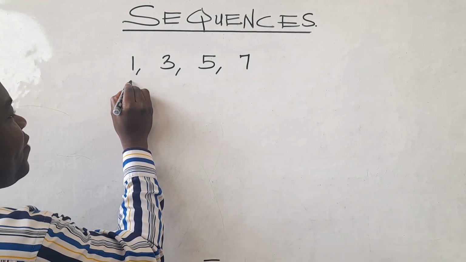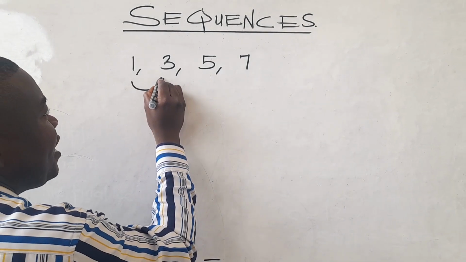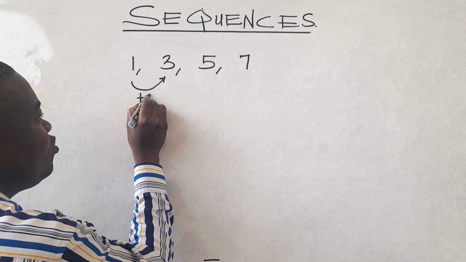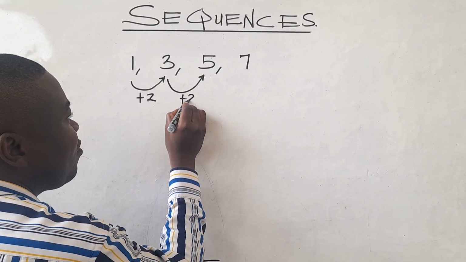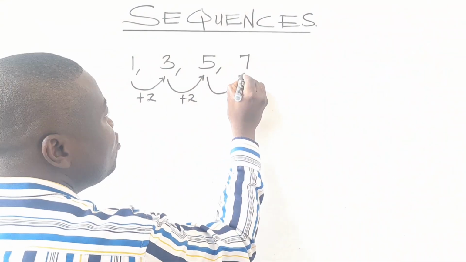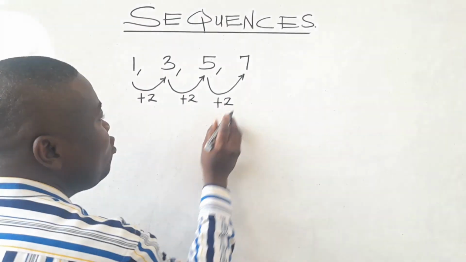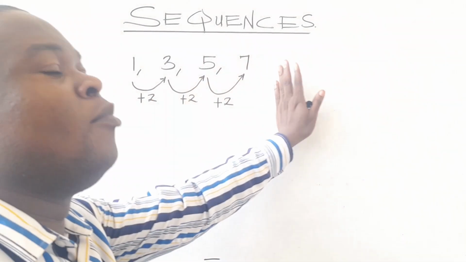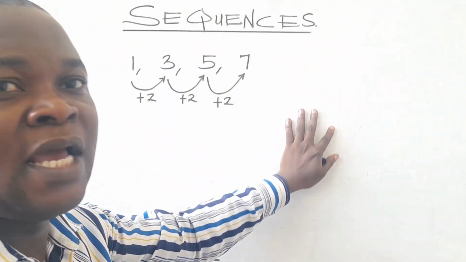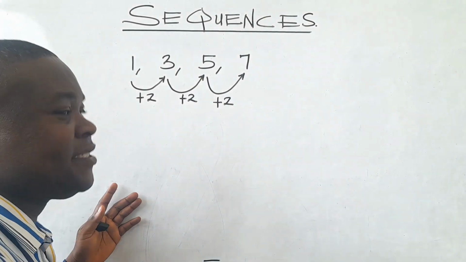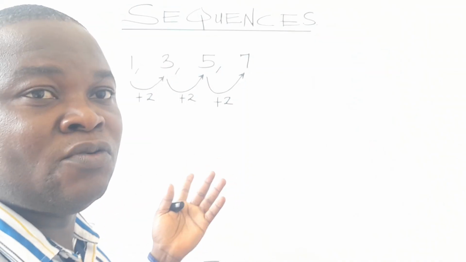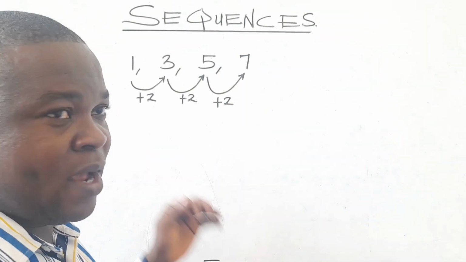This is the first number. Next, we added 2. Next, we added 2. So we can actually predict more and more numbers as we wish. If you have things like this, we refer to them as sequences.